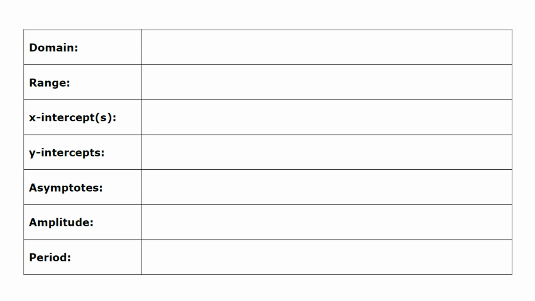All right, let's now state some descriptors of our sine graph. Well, the domain is going to be from negative infinity to infinity. The range is going to be from negative 1 to 1. The x-intercept, so this is where the graph crosses the x-axis, is going to be n times pi, where n is an element of the integers. Okay, so whenever you see that symbol, it means integer.